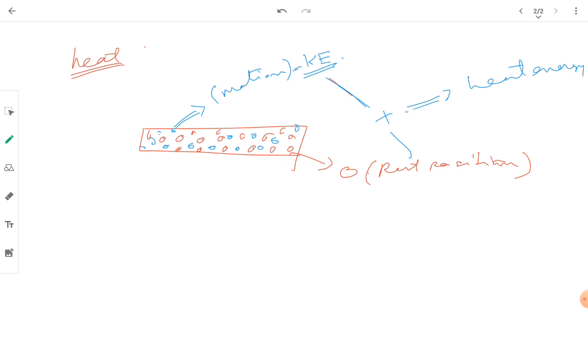So what is this blue one? The blue one is the kinetic energy, and this one is potential energy.